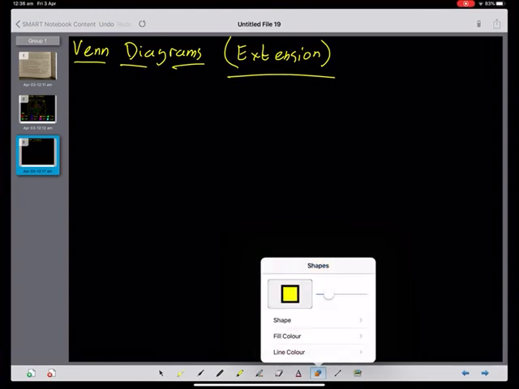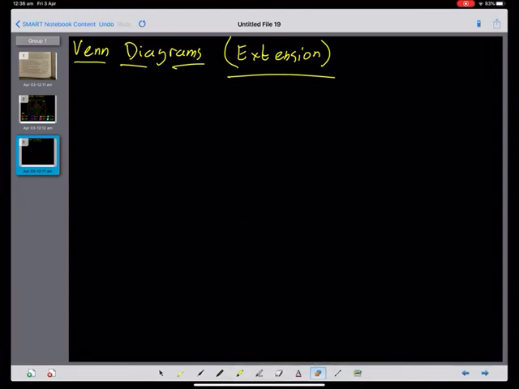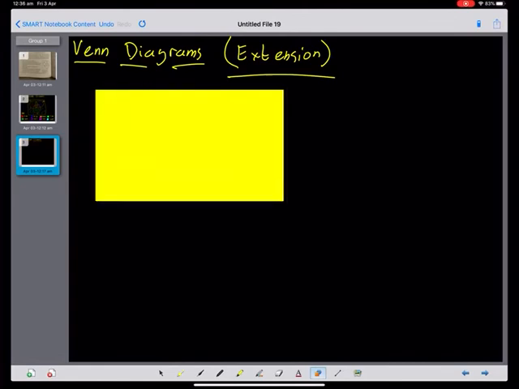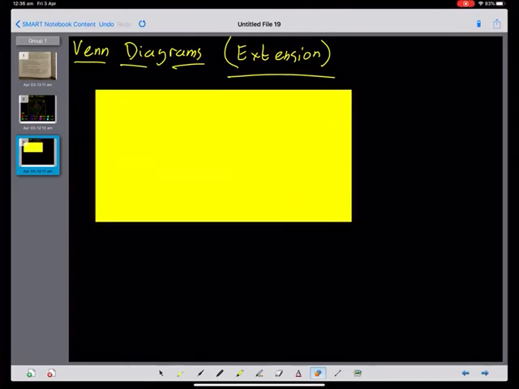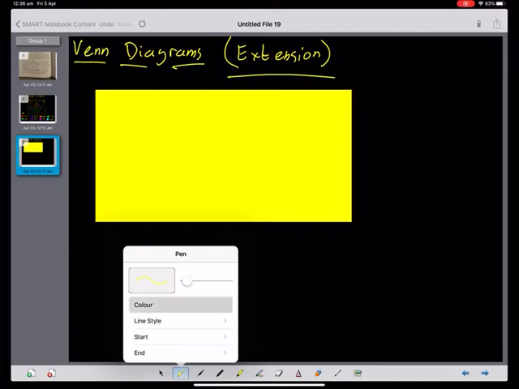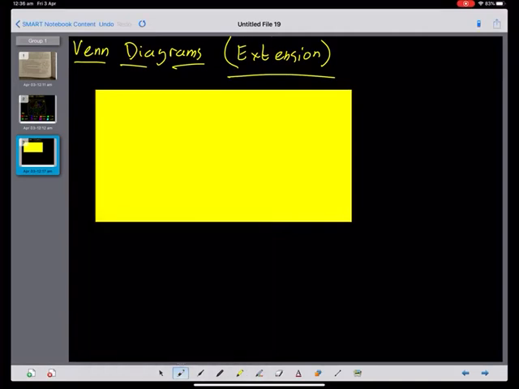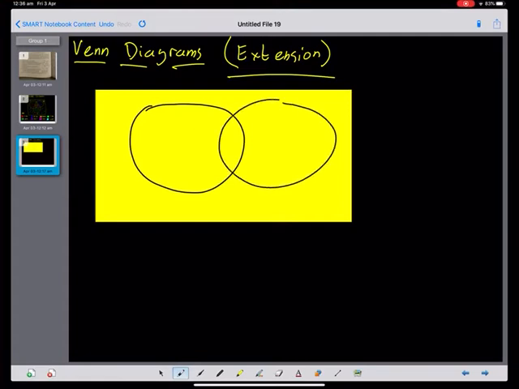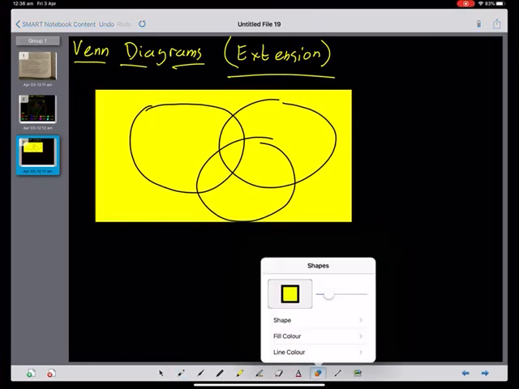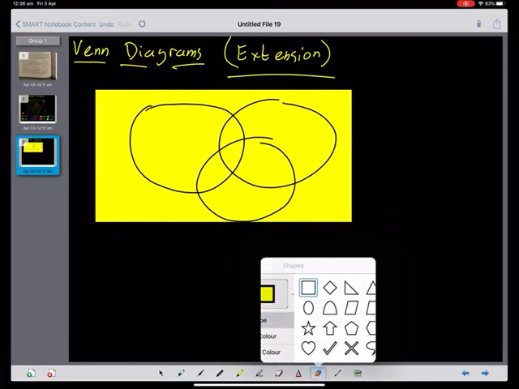Let's do it in black. Let's do some better Venn diagrams than that.